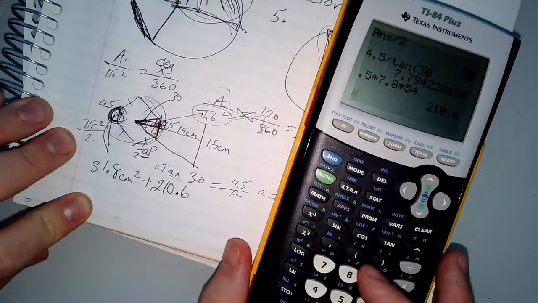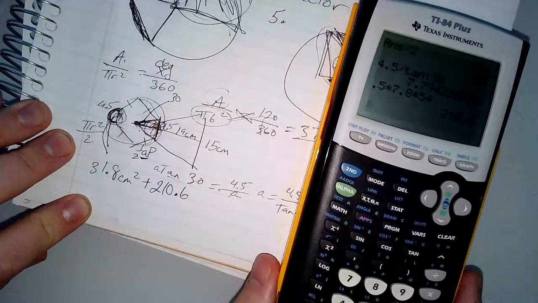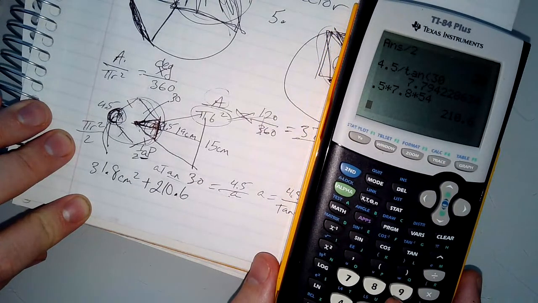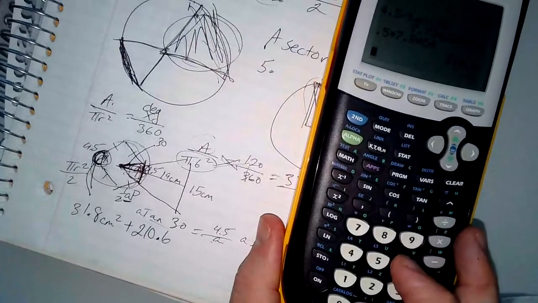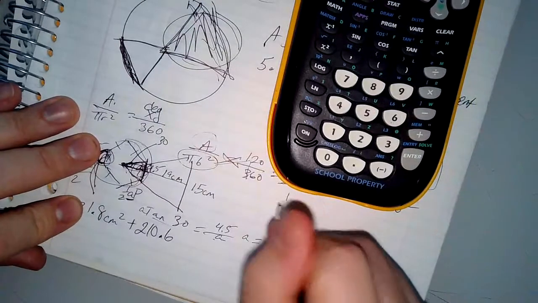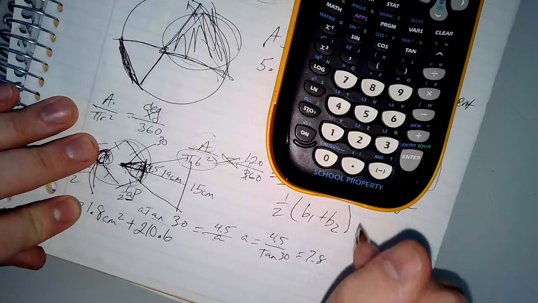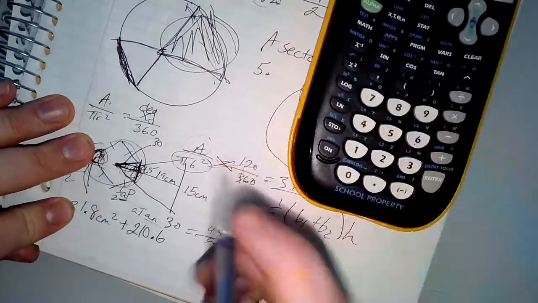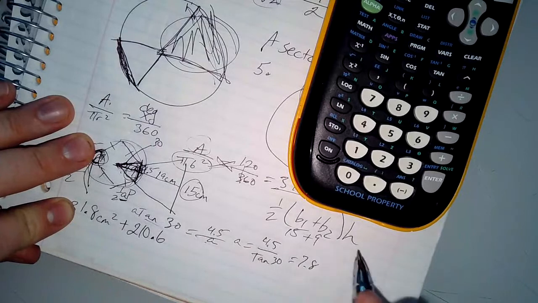Then, oh man. Did I mess up? I don't know. Let's keep going. Plus the area of a trapezoid, which is 1/2 base 1 plus base 2 times height. Base 1 is 15, base 2 is 9, and our height is 19.